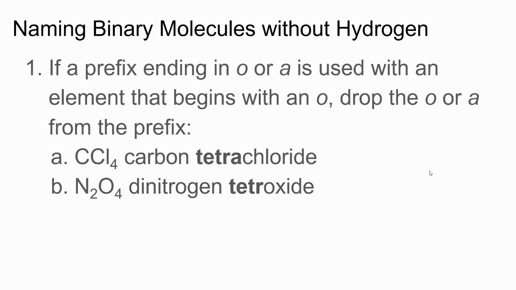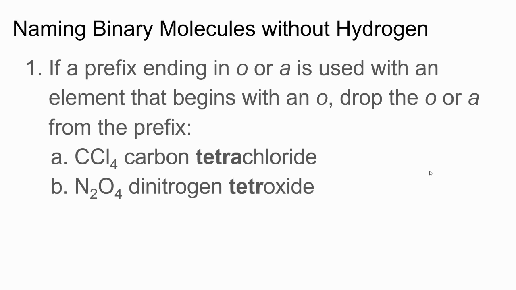If a prefix ends in O or A, so that would be mono or penta or tetra, lots of them end in A or O, and you put it next to an element that begins with O, drop the O or the A from the prefix. Okay, this only basically happens with oxide.